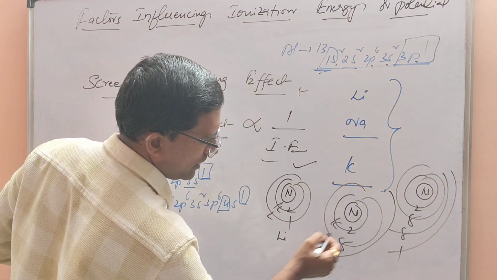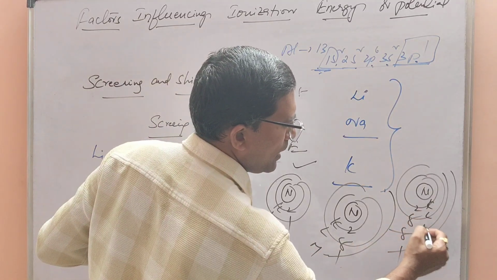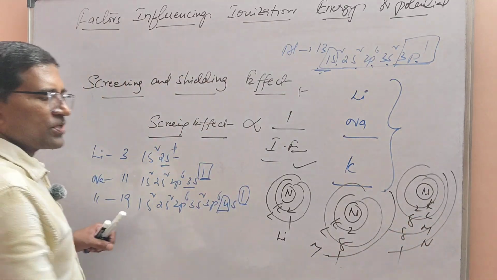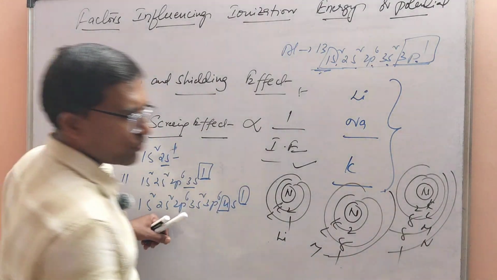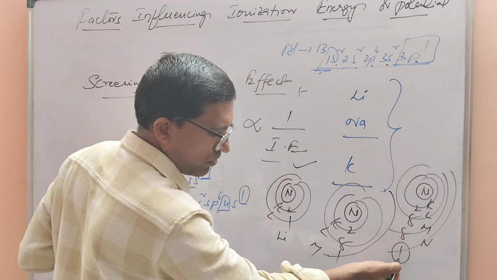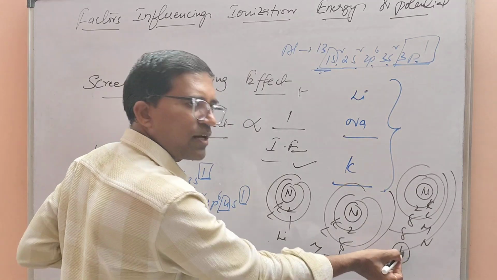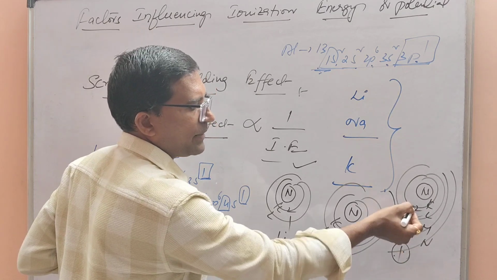Here is K, L, M. Here it is K, L, M, N. The number of shells is more in which element? That is potassium. So here, the last electron is in the fourth shell. So before the last shell or valence shell, we have the penultimate and anti-penultimate shells.